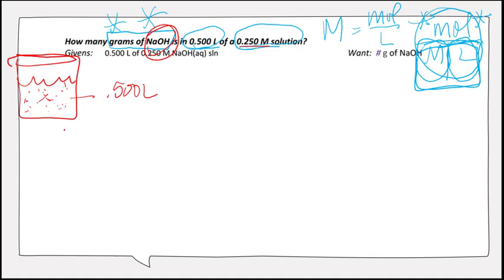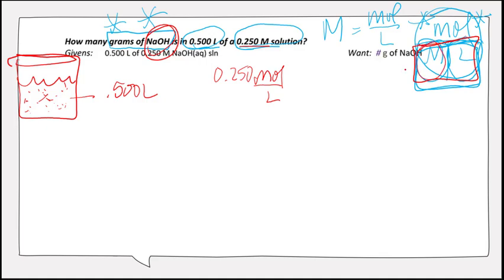So let's multiply our molarity times our volume. 0.250 capital M. I'm going to show you how the units cancel out. Moles per liter, right? That's what molarity stands for.